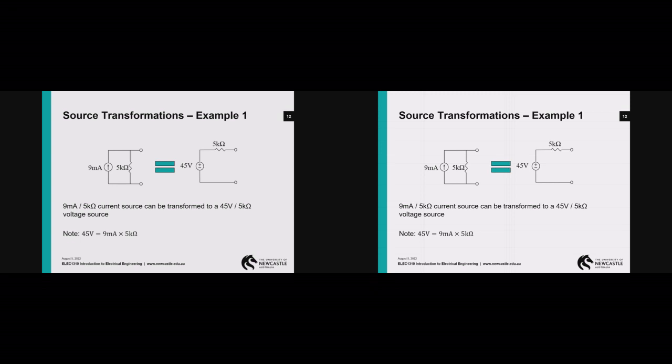So if you're bored for 10 minutes over the weekend, just try putting the same resistor on both of those circuits, and you should be able to demonstrate that in every case you'll get exactly the same current through that resistor, or exactly the same voltage across that resistor.